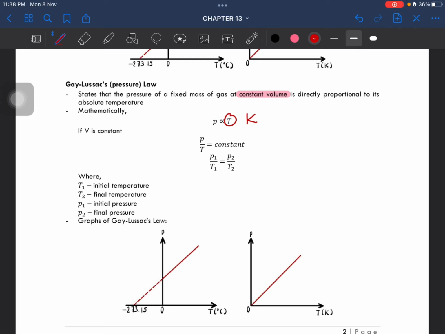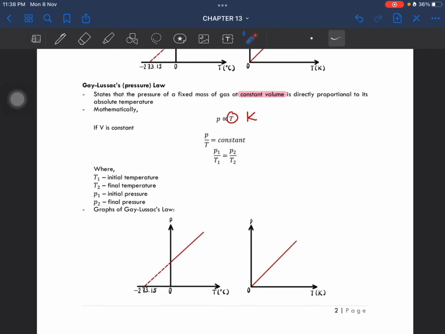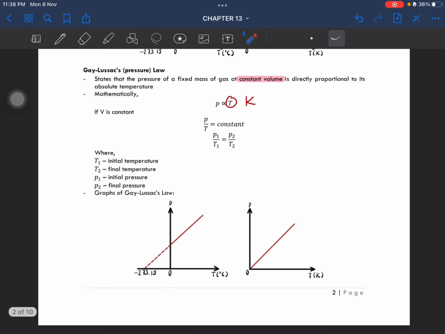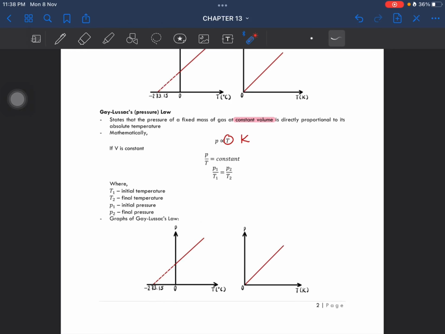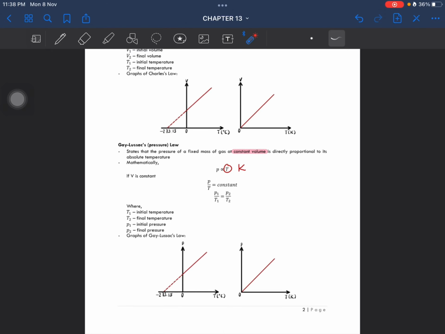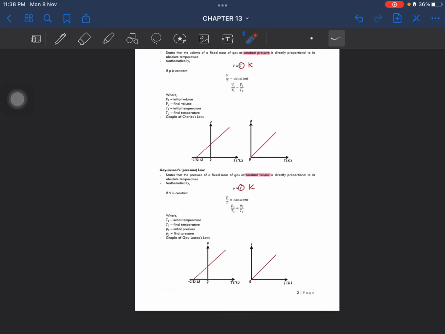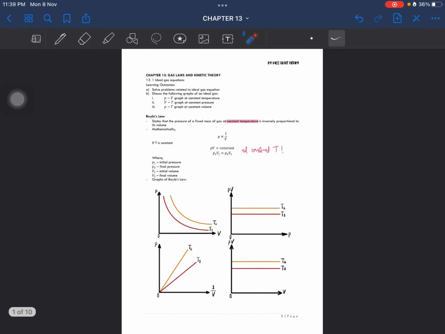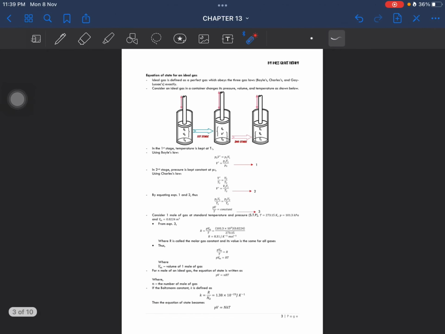If the volume is constant, we can get an equation for the pressure law. These two are the graphs for this pressure law. Make sure you are able to draw the graph if it is asked in the exam.